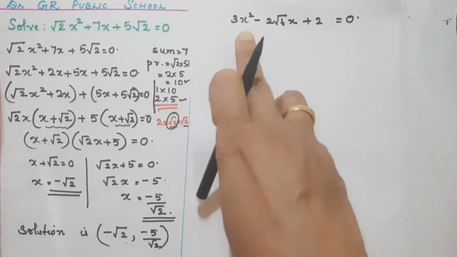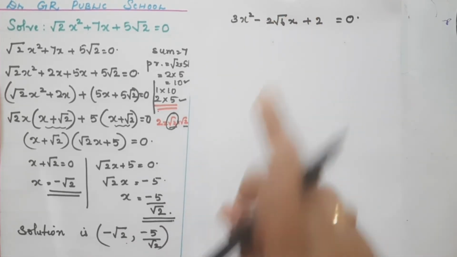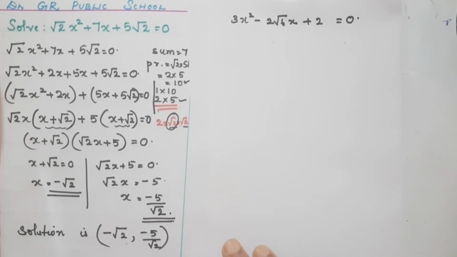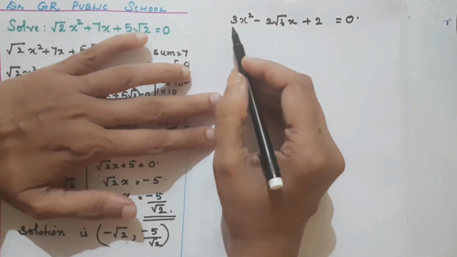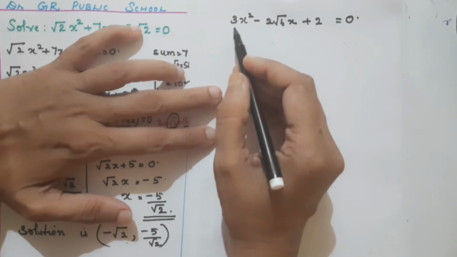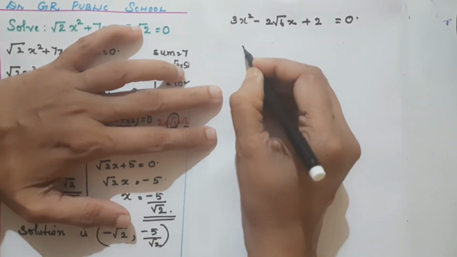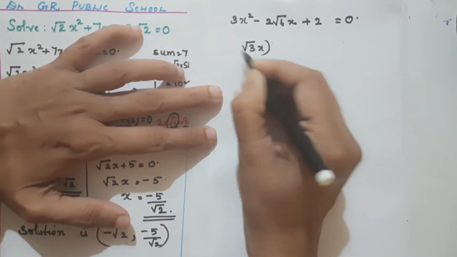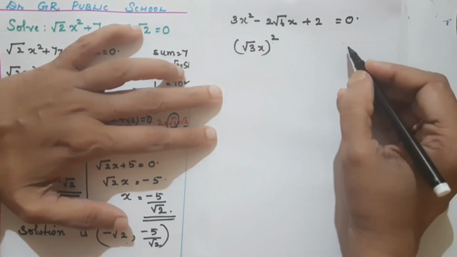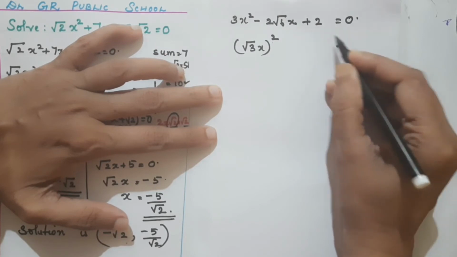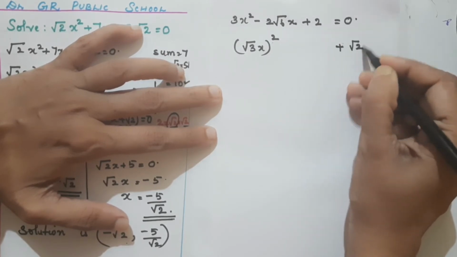But we can write these two terms also as square terms. Okay, children. See, 3 is the square of root 3. So this can be written as root 3x the whole square. Isn't it? This 2 can be written as root 2 square.